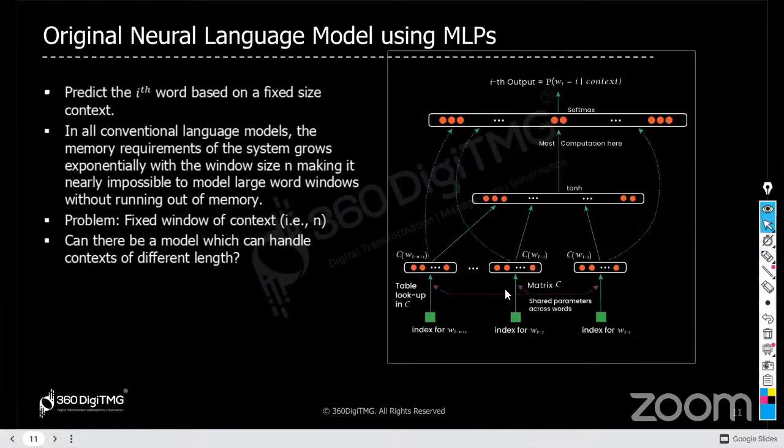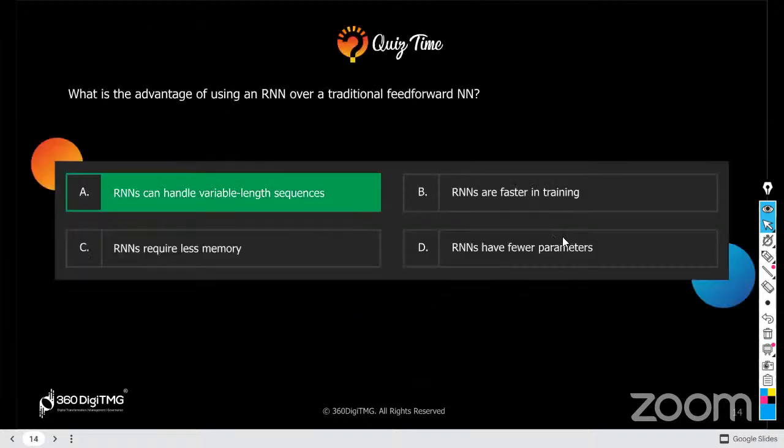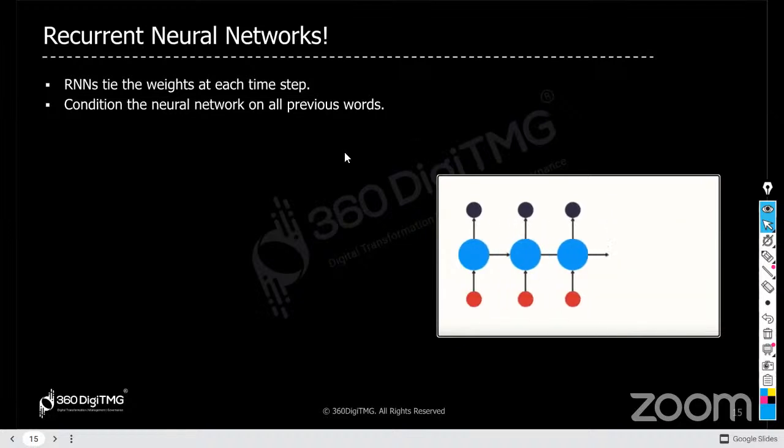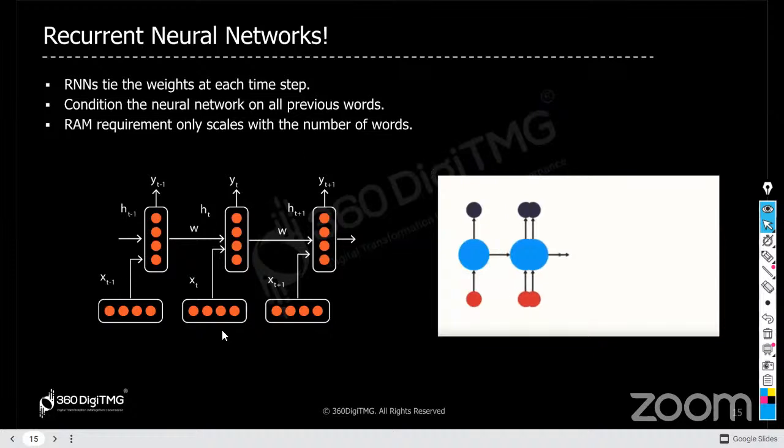So this is the example here. The next one that we have is RNN, that is recurrent neural network. So what is there in a recurrent neural network? RNN ties the weights at each time step. If you have a network like this, you would have a hidden layer, and you are going to have 4 neurons.